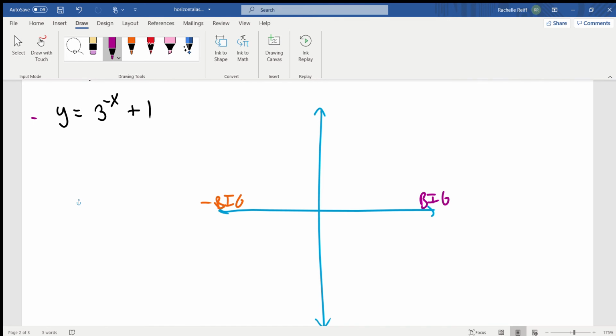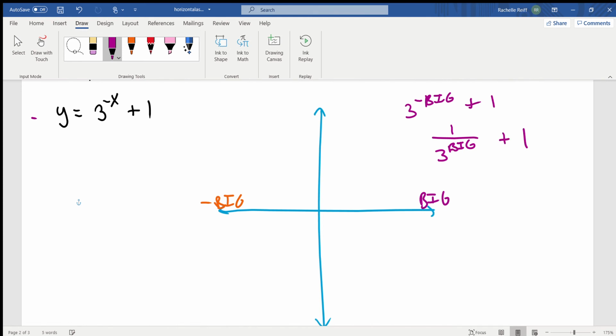So if I plug in a really, really big number, that'd be 3 to a negative really big number, because that's a -x there, plus 1. Remember, 3 to the negative power is the same as 1 over 3 to the positive version of that power.